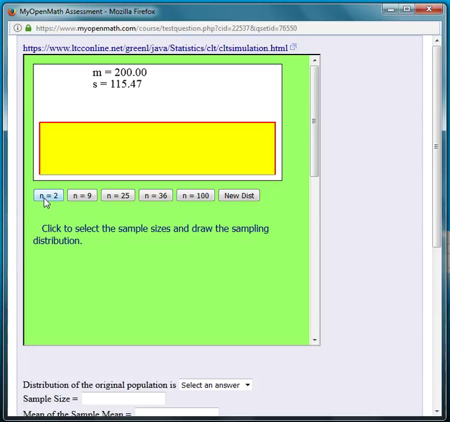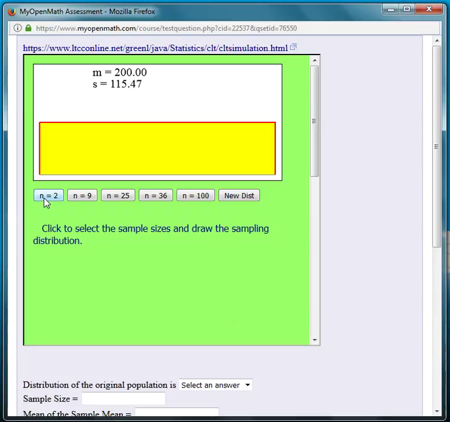We're going to randomly draw 2 samples from the original population, record the mean, and then place the samples back into the original population.